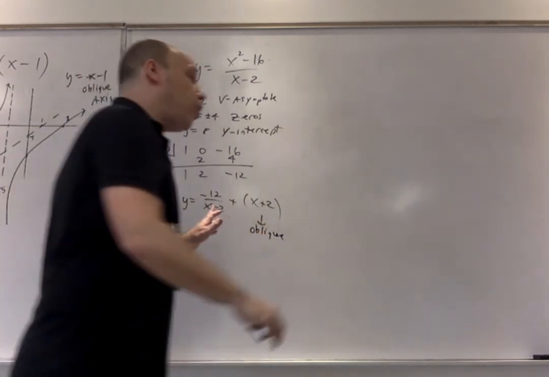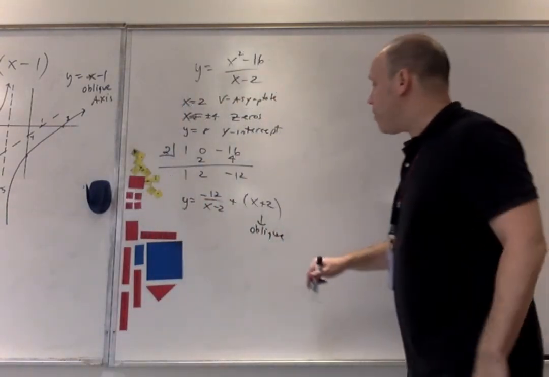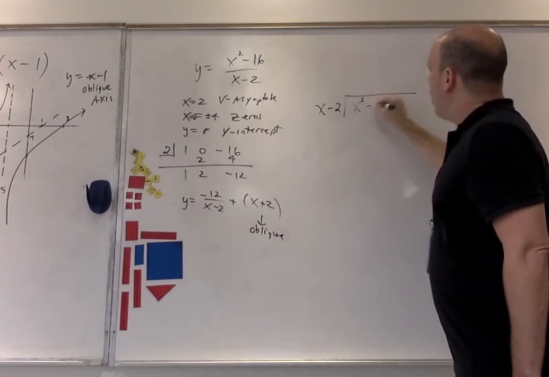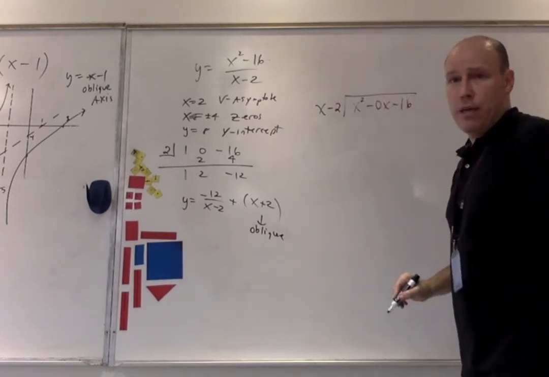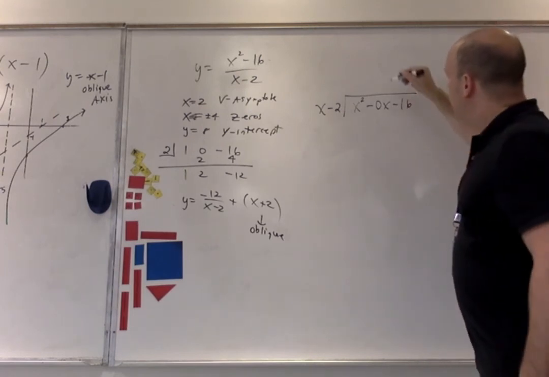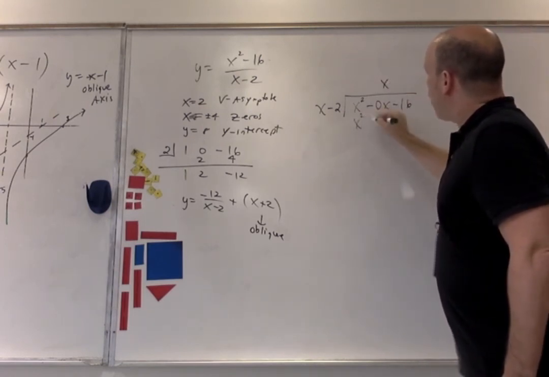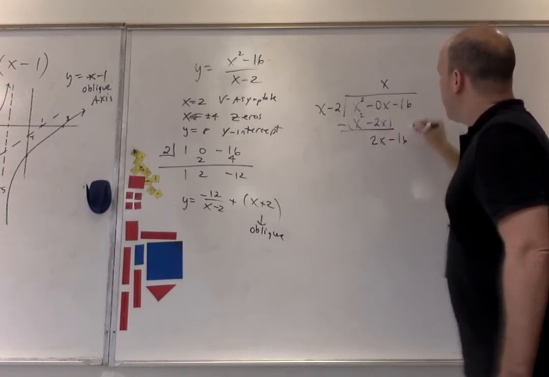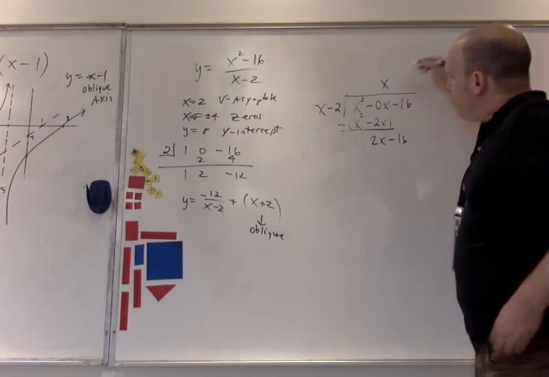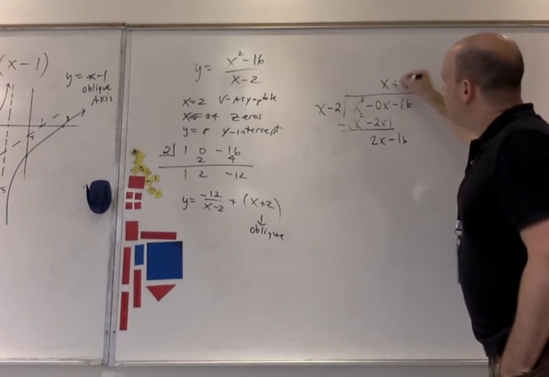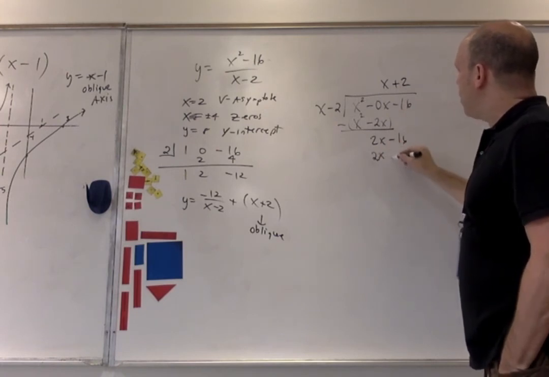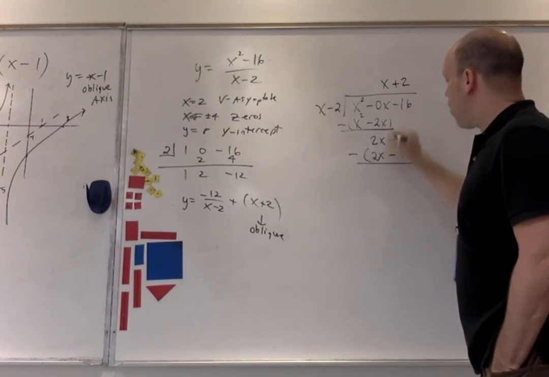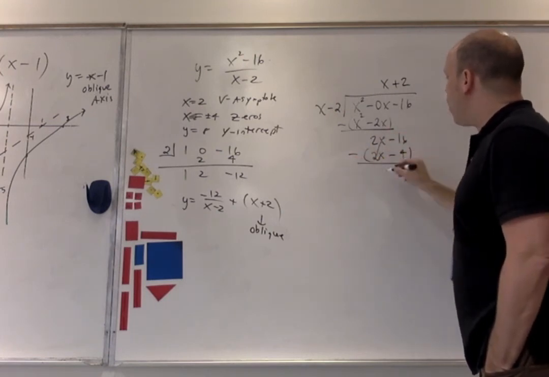Or you can go old school. If you want to do old school, that's fine with me. Let's do old school together. x minus 2 into x squared minus 0x minus 16. This is x squared minus 2x, subtract the, 2x minus 16, plus 2x minus 4, subtract the, 2x minus 2x is 0, negative 16 minus negative 4 is negative 12.